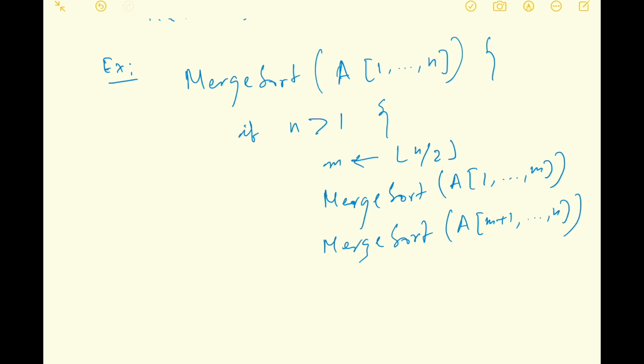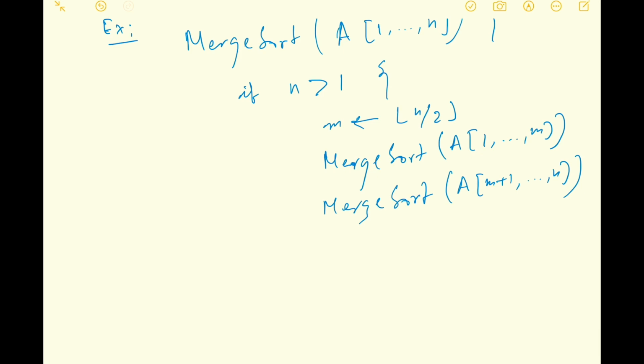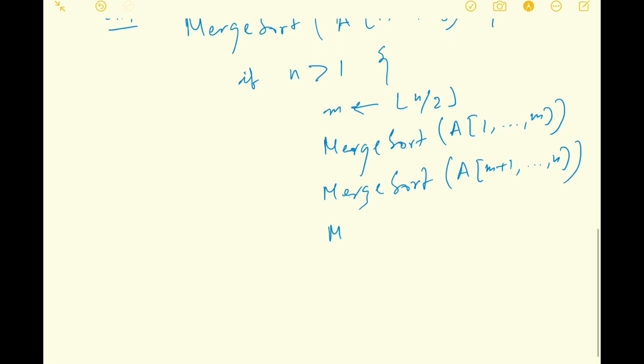Once you have these two sorted parts, you merge them: merge a1 to n, and you pass m. The function assumes that a1 to m is sorted and a m plus 1 to n is sorted, and its goal is to merge these two sorted subarrays into one sorted array. So this is merge sort.